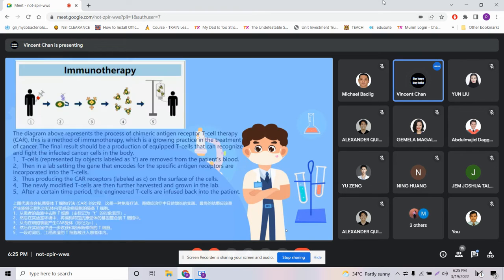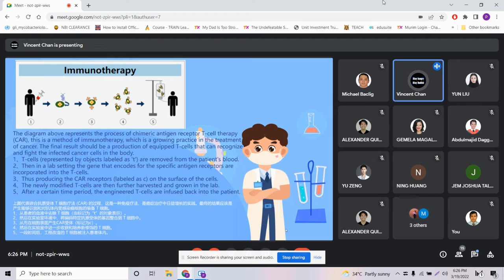Okay, next page. The diagram above represents the process of chimeric antigen receptor T-cell therapy. This is a method of immunotherapy, which is a growing practice in the treatment of cancer. The final result should be a production of engineered T-cells that can recognize and fight the infected cancer cells in the body. The first step is T-cells are removed from the patient's blood.